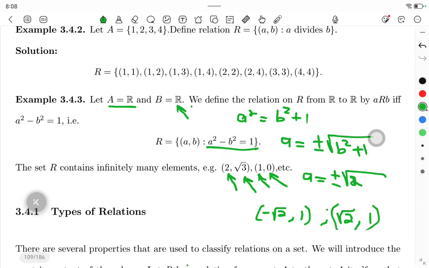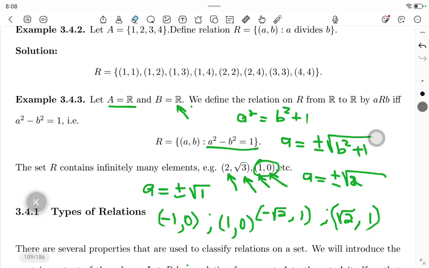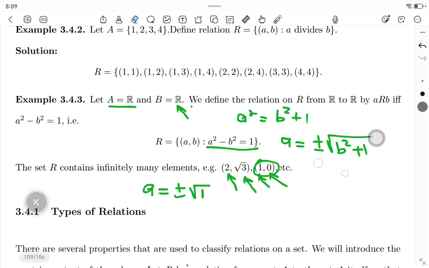You see that? Or I know that if B is 0, then A will be plus or minus 1. So that's why we have this possibility. So it means that we can have this possibility, and also we can have this possibility. Now, if they tell you to label this or to write down these relations, what you need to do is first check the number that I got.